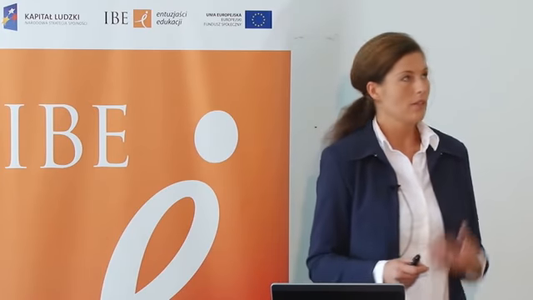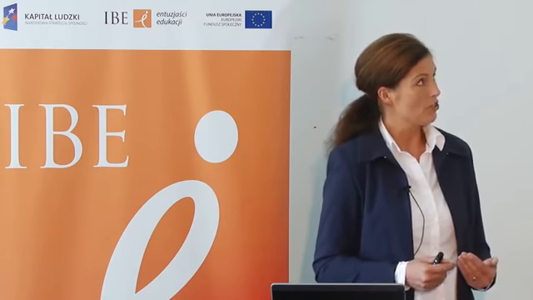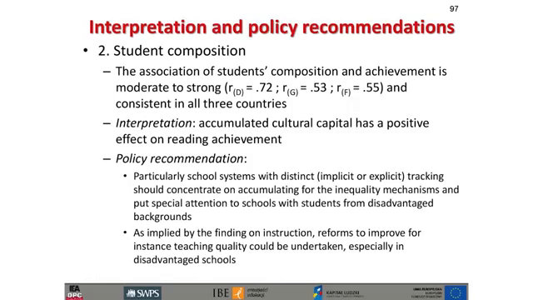Because, of course, when we consider this association, the conclusion is that students attending schools with lower cultural, socioeconomic capital are in a losing position, let's say. So educational policy should try at least to compensate for this effect.